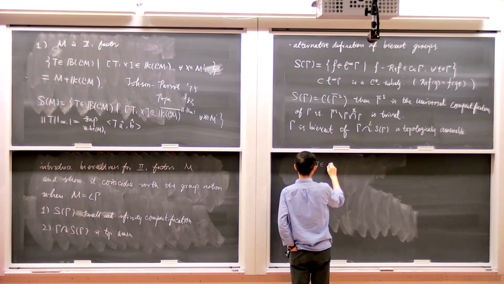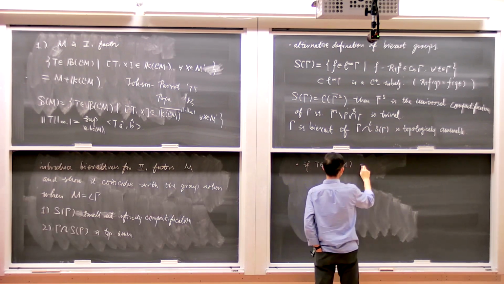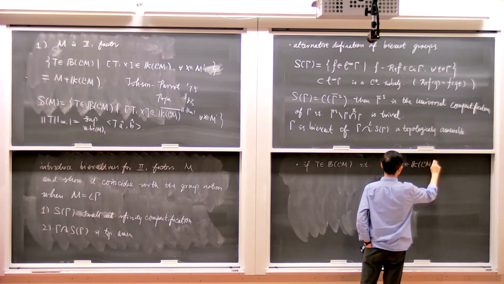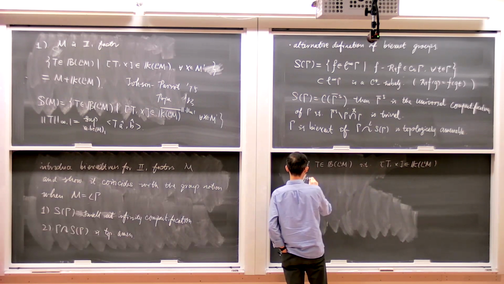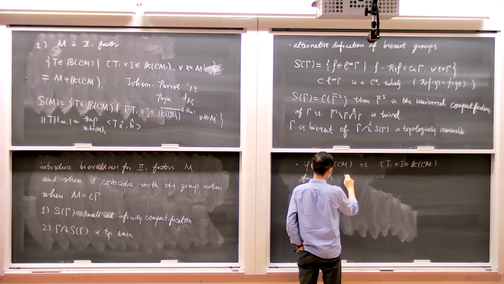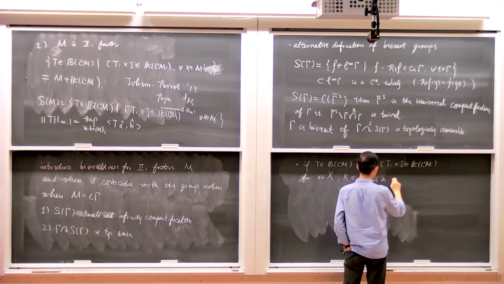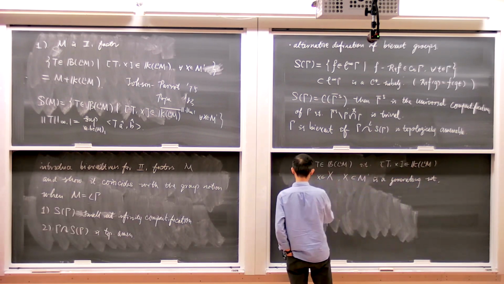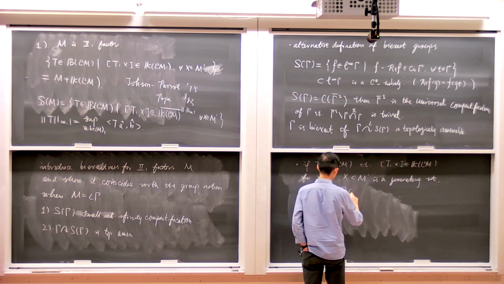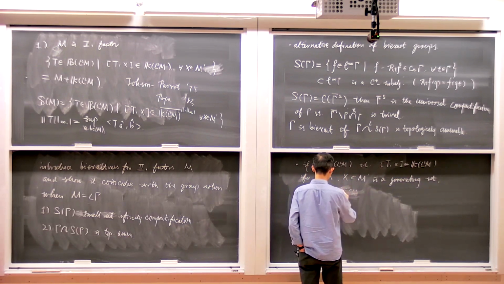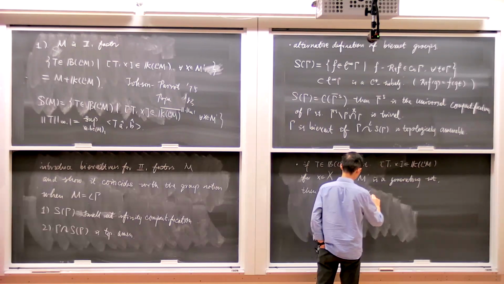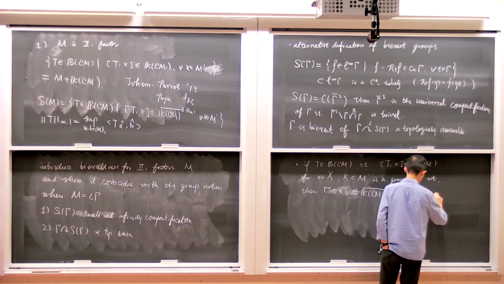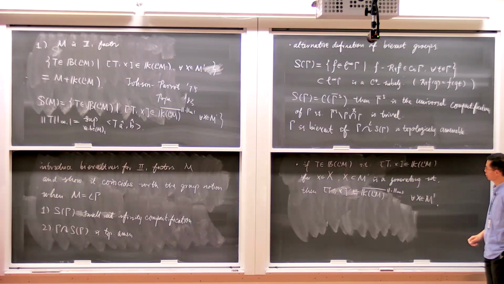if we have some T inside B of L2 such that [T, x] is in the compacts for x inside X, where X is a generating set, then T will be inside S. So you see that this is somewhat a density thing or some kind of closure thing.